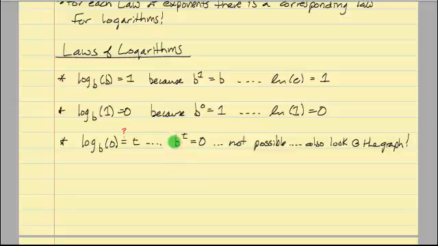And you might say, well, let b equal 0. But remember my restrictions. b had to be greater than 0 but not equal to 1. So this is not even possible. Log base b of 0 is undefined. How this relates to natural log is that the natural log of 0 does not exist.